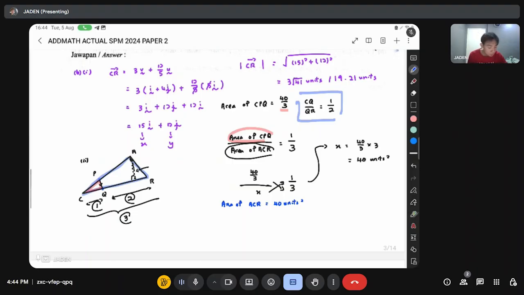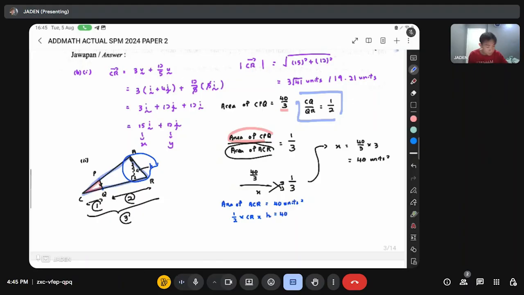We all knew that the area of a triangle is 1 over 2 base times height, right? And the height alone is the shortest distance of the entire triangle ACR. So I'm going to form this equation, 1 over 2 times CR times the height. The height is exactly the shortest distance that we are looking for, equal to 40.